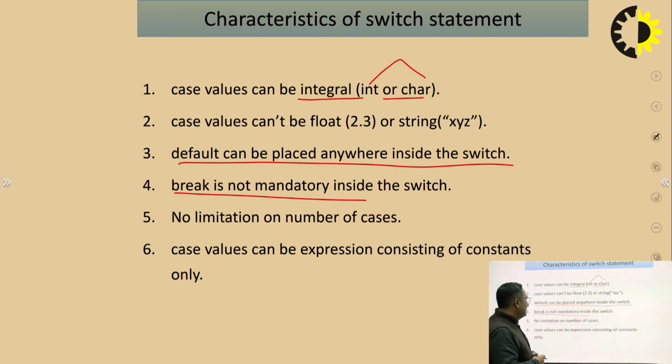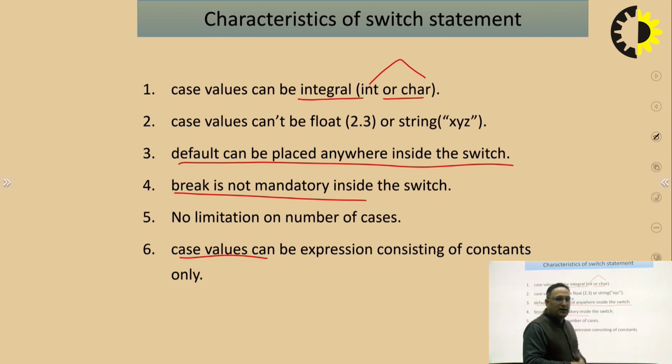No limitation on number of cases. There is no limitation. You can have n number of cases, but be wise in writing this, because code readability is also a very important factor when you are writing code, right? It is equally important. And then, case values can be expressions consisting of constants only.